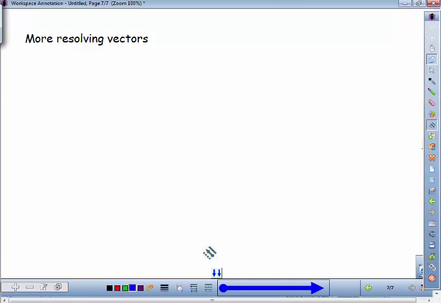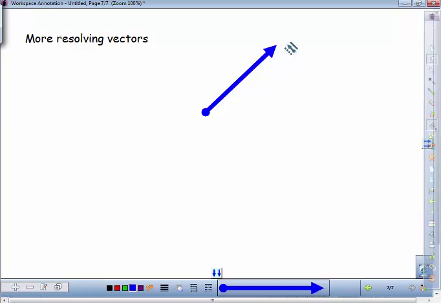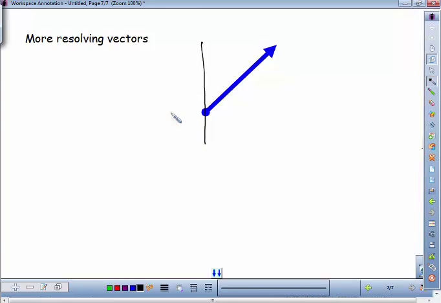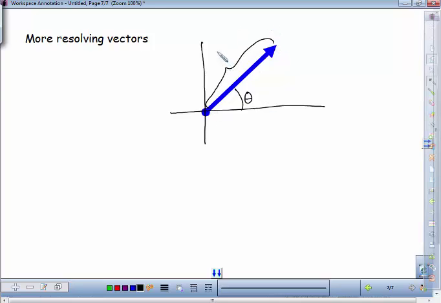Sometimes your vector might be given to you not by the components, because then that would be way too easy, but rather they would be given to you with a magnitude and a direction. I mean, after all, vectors are things with magnitude and direction. Sometimes the direction is given by an angle, and the magnitude is given by whatever the magnitude is.